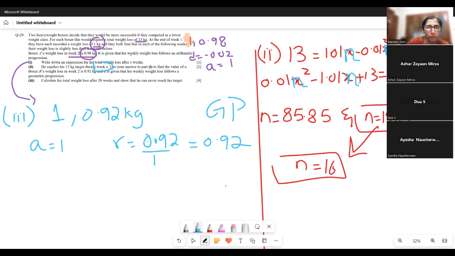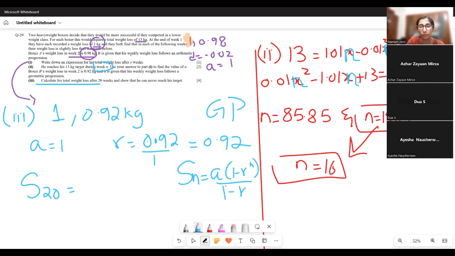Okay. So calculate his total weight loss after 20 weeks. This is the first part. So we have to find S20. And what is the formula for Sn? For a GP, a times 1 minus r to the power n over 1 minus r. It's given in the formula sheet.